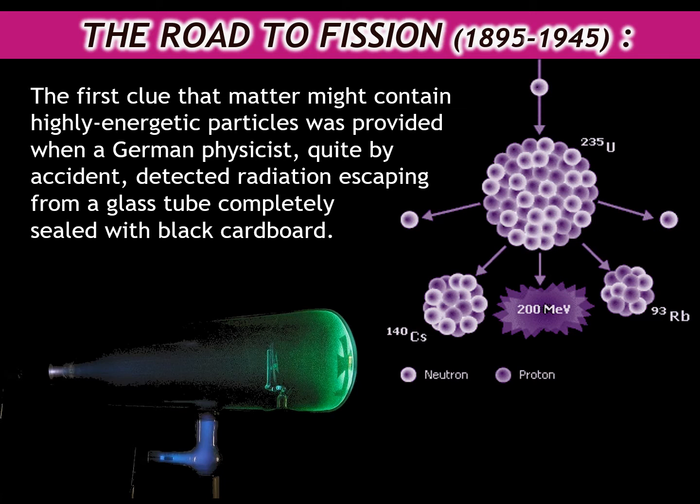So he had one of these tubes, but he covered it completely with black cardboard so that no light could actually escape from the tube. And inside his dark laboratory, he turned on the device.